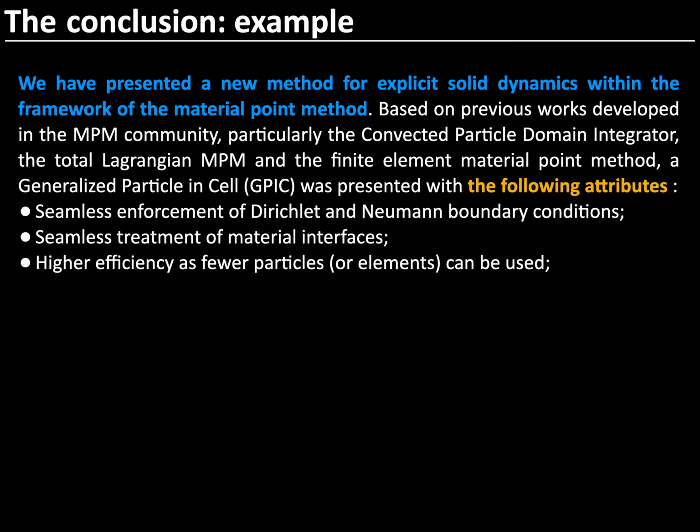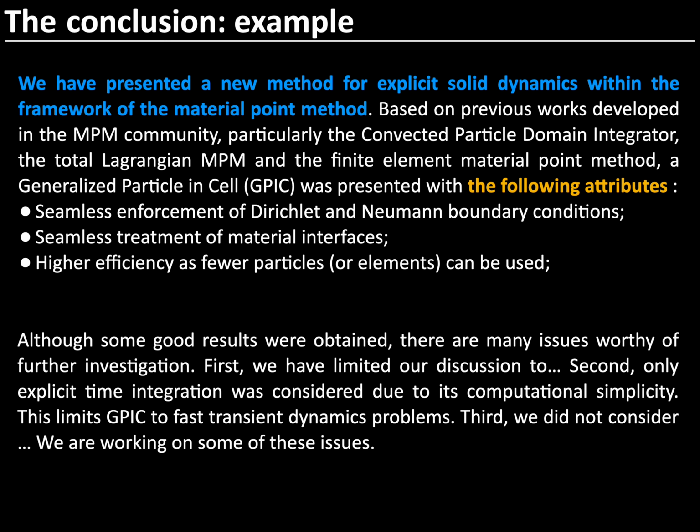The next sentence says what the good things are about what you did. And then you have to be honest, because research is an ongoing process. So you have to say that, and also show that you are modest. Again, we love modesty. Okay, so although some good results were obtained, there are many issues. Blah blah blah blah.